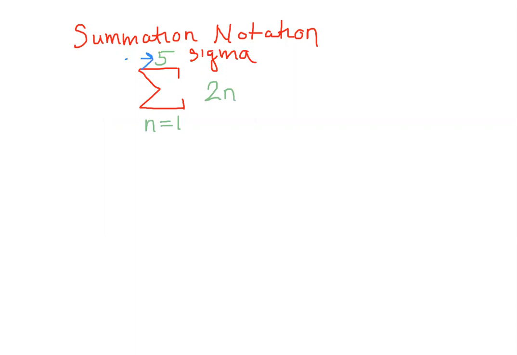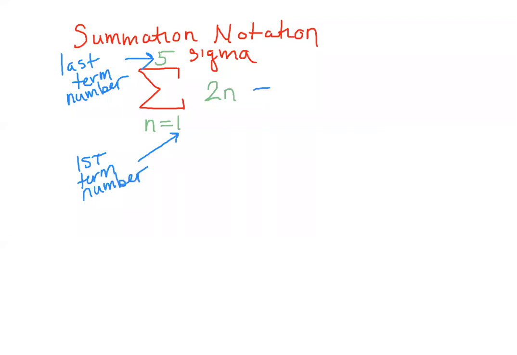This number on top is the last term number. This number here is the first term number. This is where you start, this is where you end, and this is the formula for the sequence.